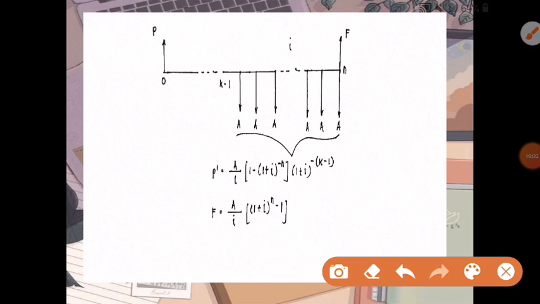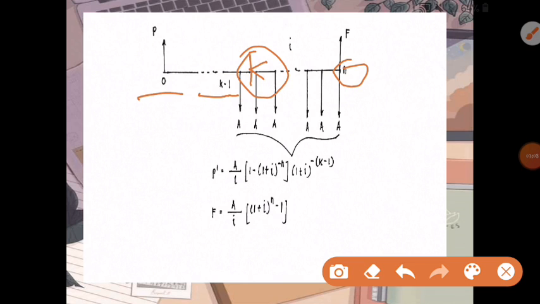All of the A, all the annual annuity payments, are like an ordinary annuity. This time, from period K to N, we need to bring them back to K1. Since we are looking for the present worth, our reference date is 0.